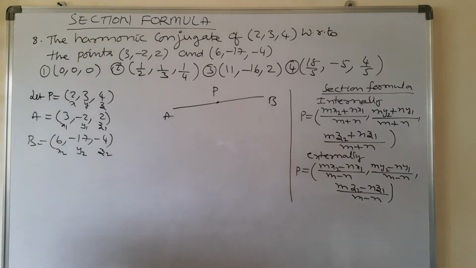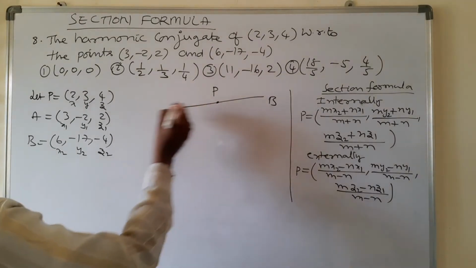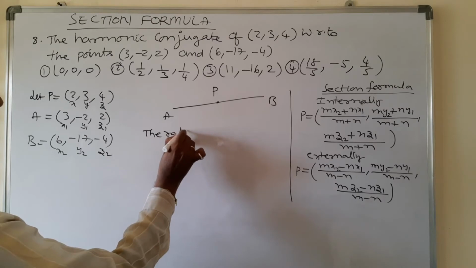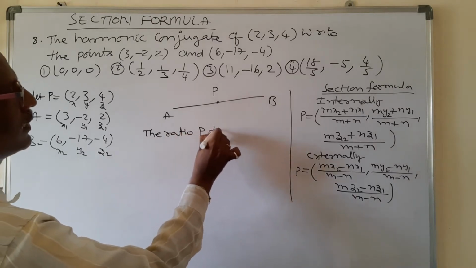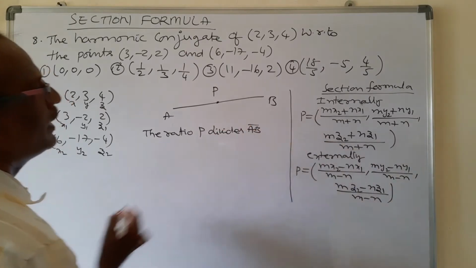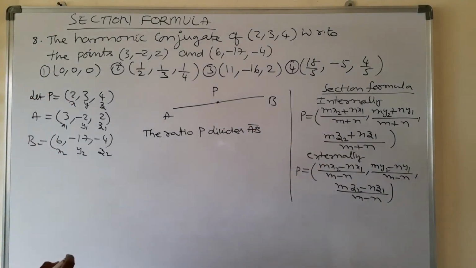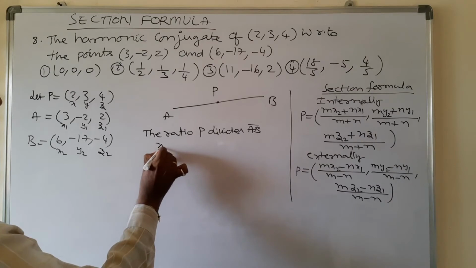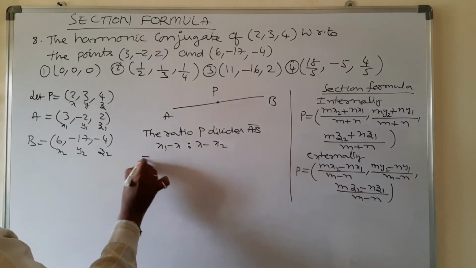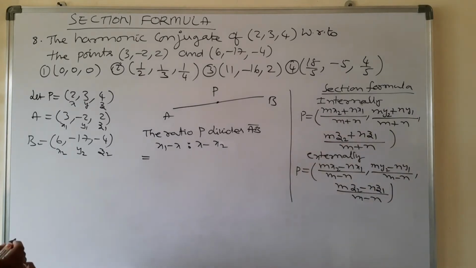Here first find the ratio in which P divides AB. The formula is x1 minus x is to x minus x2.